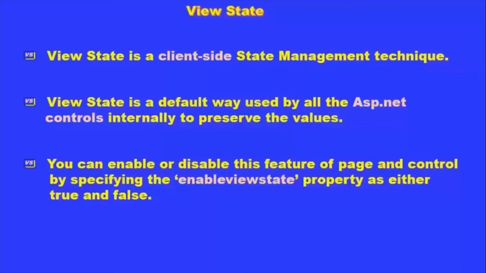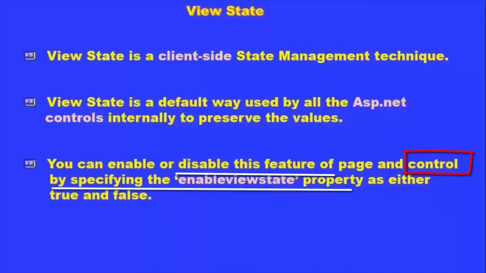Now we have disabled ViewState feature of label control by selecting EnableViewState as false. Now we will see how to disable ViewState feature of page.